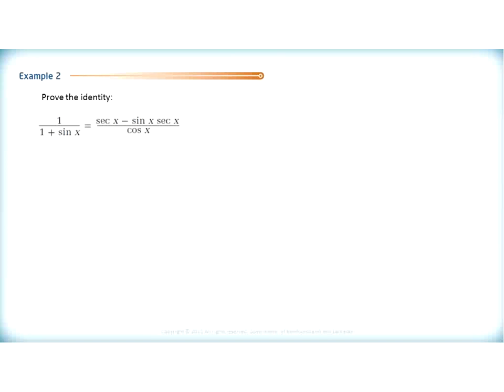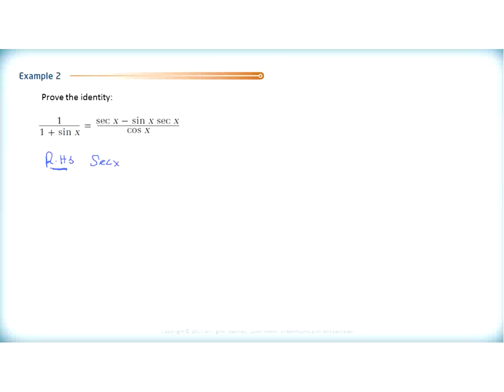Okay, next example. If you look at the left side of the equation here, there's not a whole lot I can do with that. I may work with it afterwards, but let's start with the right side, which is the one you would probably start with. In the numerator, I can remove a secant x as a common factor.